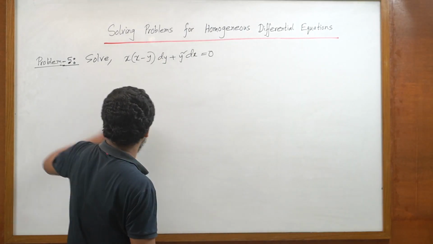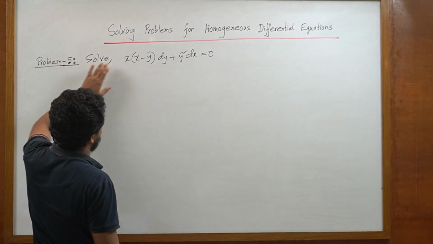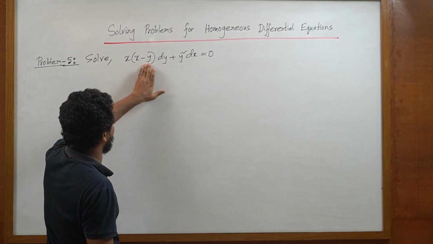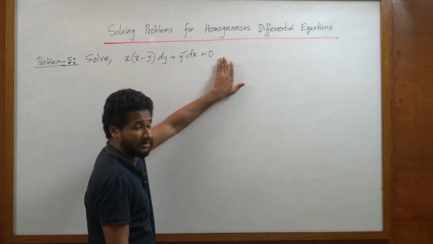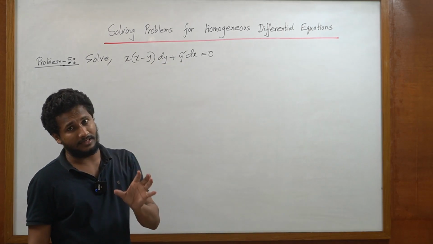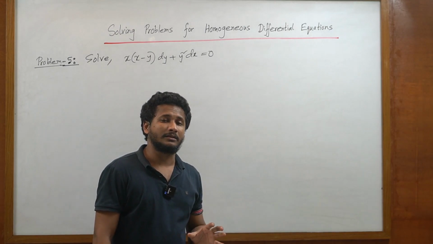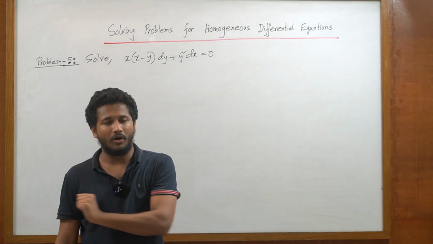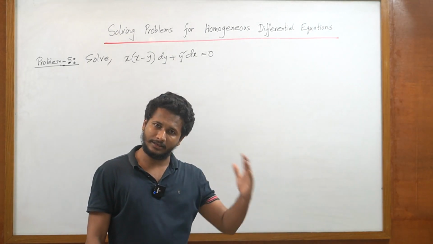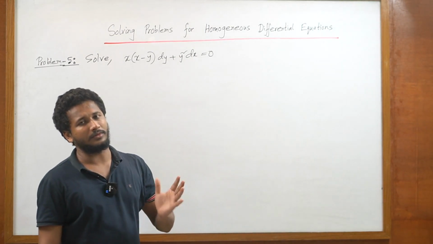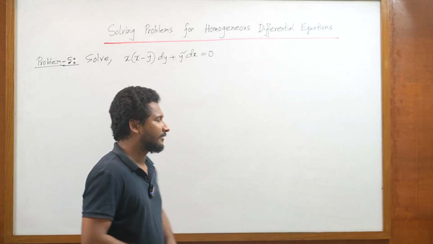Now we will go to problem 5. Here the problem says x times (x minus y) dy plus y square dx equals 0. We will take dy/dx as an entity on the left hand side, or it could be the right hand side, but here we will take it on the left hand side.